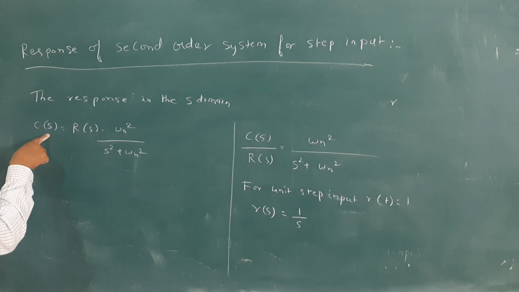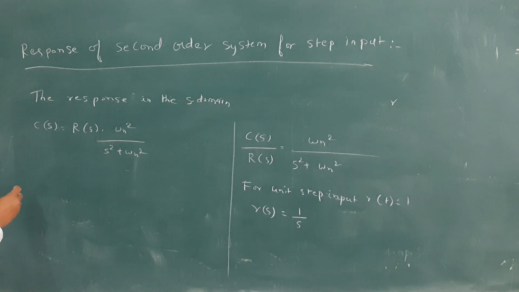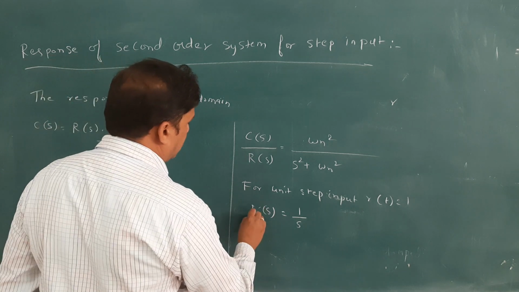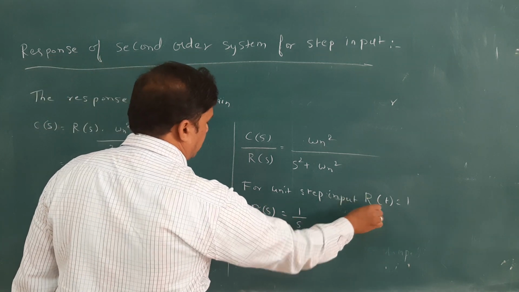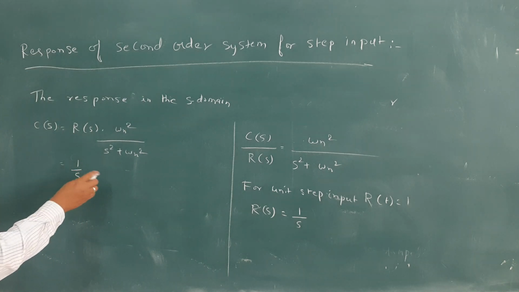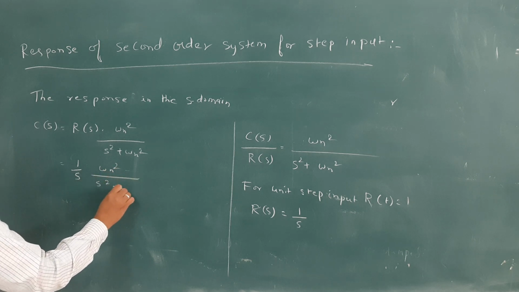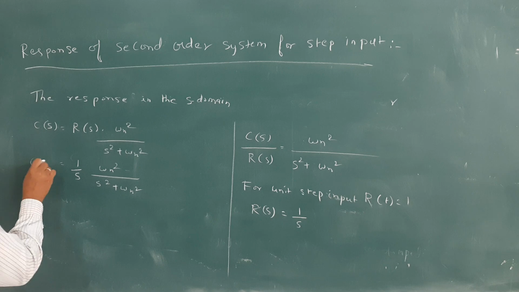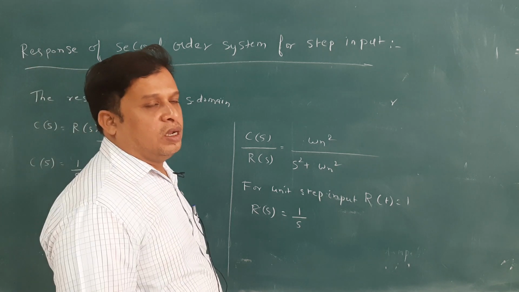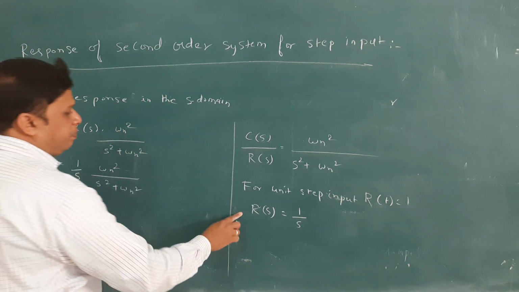Because we are writing in terms of s, it is called the s domain. What is R of s? It is 1 by s. So C of s is equal to 1 by s times omega n square divided by s square plus omega n square. Already we have seen that for unit step input R of t is equal to 1, and we have also dealt with the ramp input.